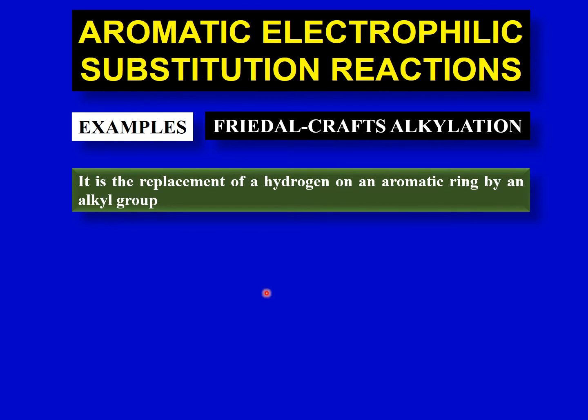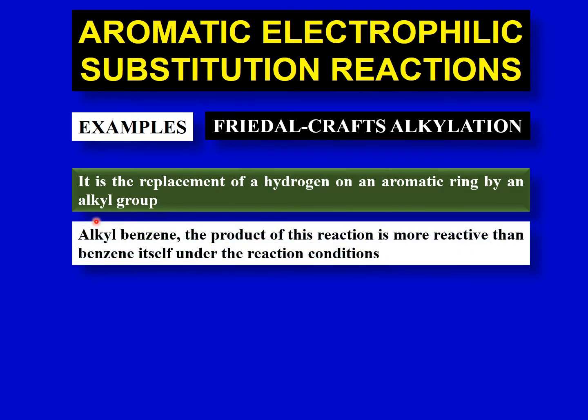Next is the Friedel-Crafts alkylation reaction. It's pretty much similar to the Friedel-Crafts acylation, but it has a different result. What happens in this reaction is that a hydrogen from an aromatic ring is replaced by an alkyl group. The product, that is the alkyl benzene formed in this reaction, is more reactive than the benzene molecule.